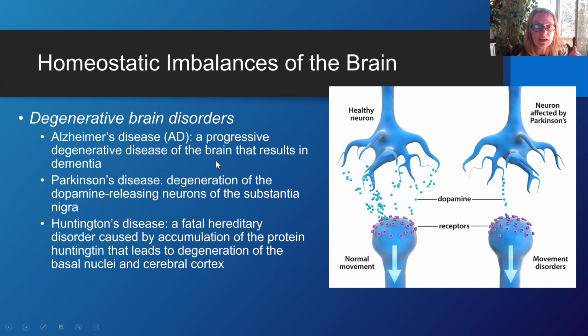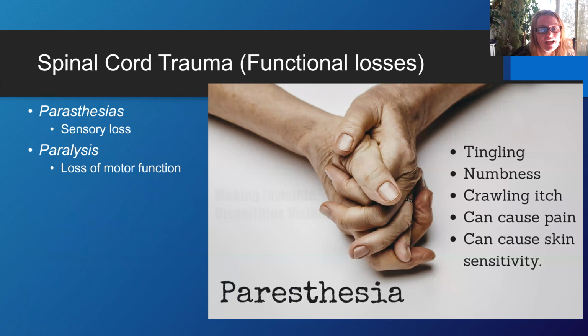It results in dementia. Parkinson's, we believe, results from decrease of dopamine-releasing neurons. Huntington disease is a genetic inherited disease. It's fatal, and it's an accumulation of the protein huntingtin that leads to death of the neurons.